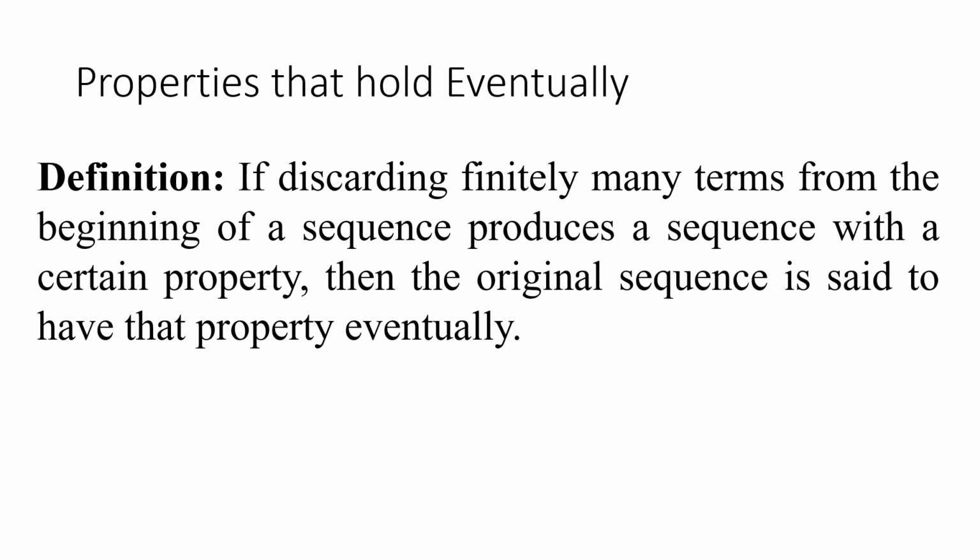So to describe a pattern that holds eventually, let's have this definition. If discarding finitely many terms from the beginning of the sequence produces a sequence with a certain property, then the original sequence is said to have that property eventually.